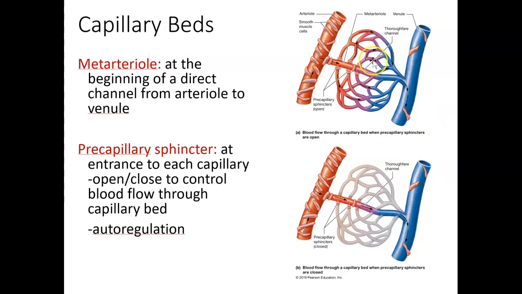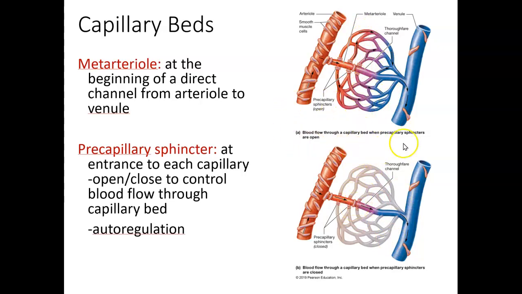So if we look at the anatomy of a capillary, we have the arteriole and we have the venule. As the blood flows through the arteriole, it will branch off into this network of capillaries called a capillary bed. As the blood flows from the arteriole toward the venule, it flows through the capillaries first. Now, when we look at these capillary beds, we have a couple of options that can occur.